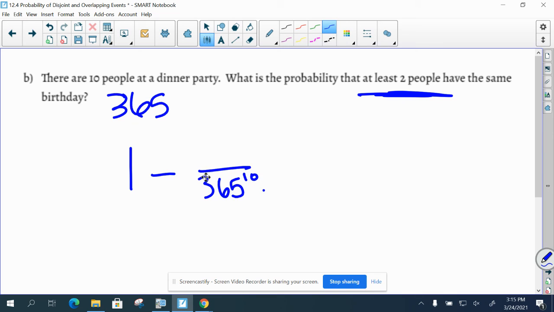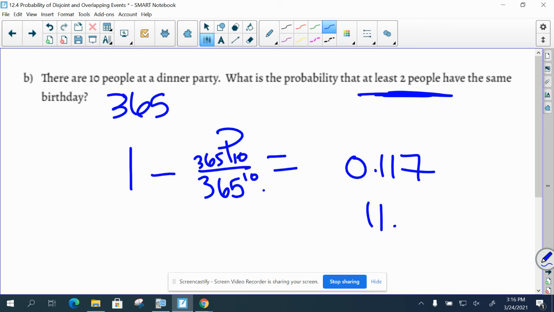And now don't go and do 365 P10 and 365 to the 10th power in your calculator separately, because they're going to be huge numbers. Just type this all into your calculator at once. Maybe use the fraction button for this part, and then you would get 0.117, which is 11.7%. So a little more likely for something like that to happen.